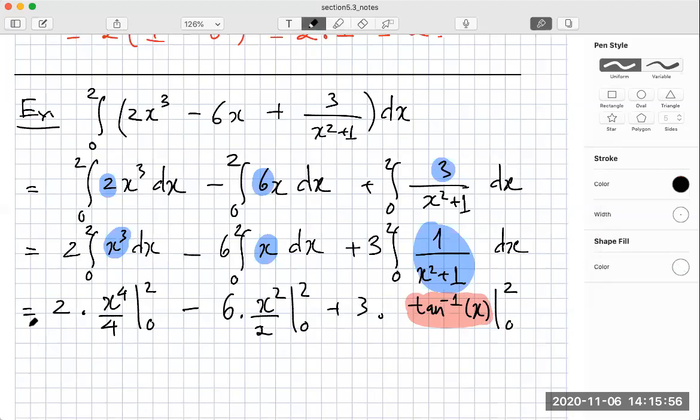Okay, now, before evaluating the value here, let us simplify the constant first to avoid mistakes. Okay? So 2 divided by 4, 6 and 2 here, what does it become? Yes, 1/2 x to the 4th from 0 to 2 minus, very good, and 3 here, right?